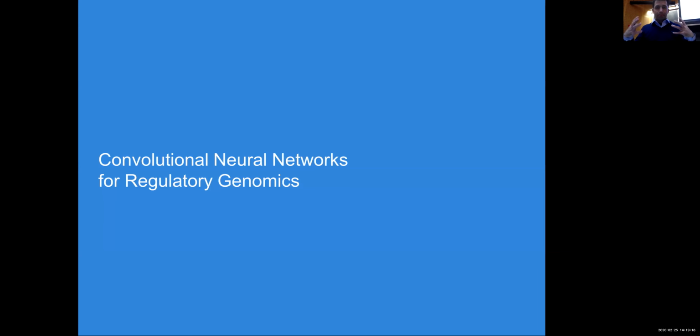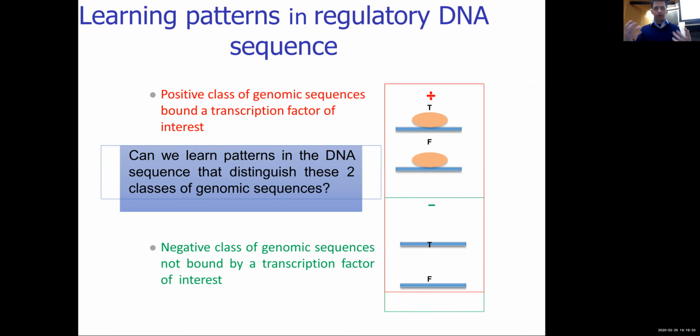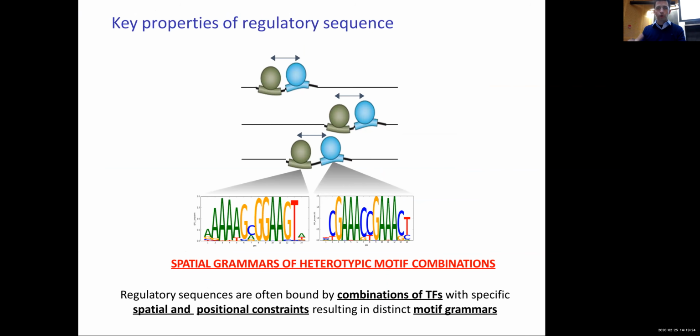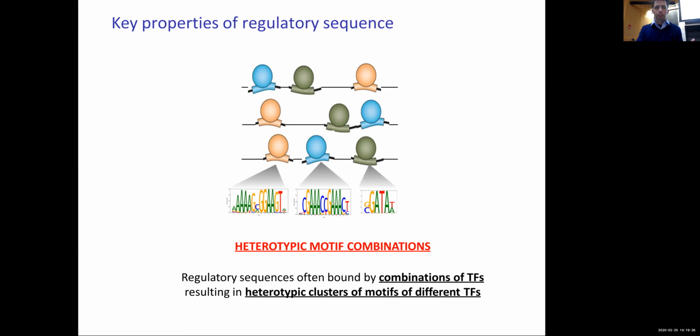So basically, we have the makings of a convolutional neural network for regulatory sequences. You can learn about motif combinations by having these pooling layers that look for the combination of orange, blue, and green, regardless of where they might be.